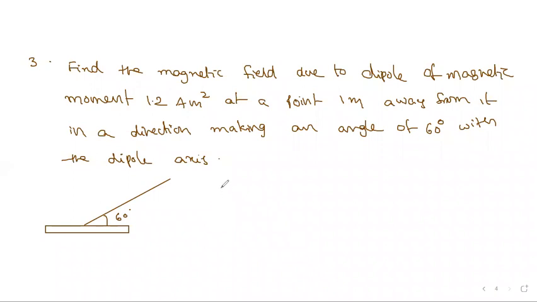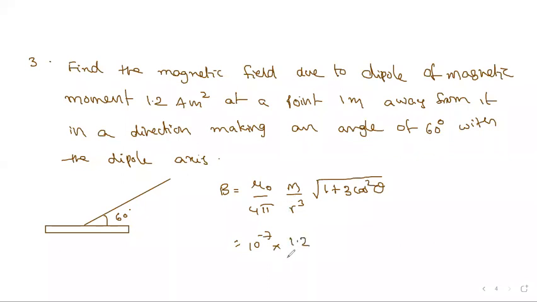In that case, what is the formula for B? Not on the axial line, not on the equatorial line. Then the formula is B equal to mu naught by 4 pi, m by r cube into root over 1 plus 3 cos square theta. This is the general formula. So mu naught by 4 pi is 10 power minus 7. What is given for magnetic moment? 1.2 by r cube. Distance is given 1 only.